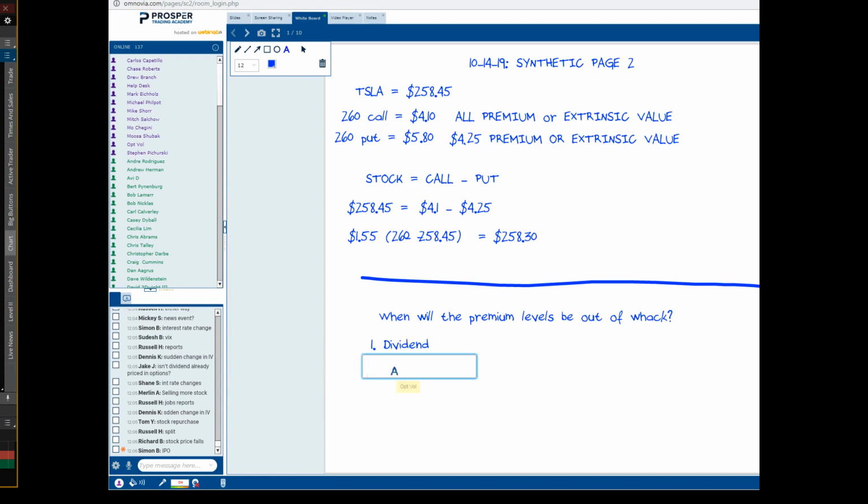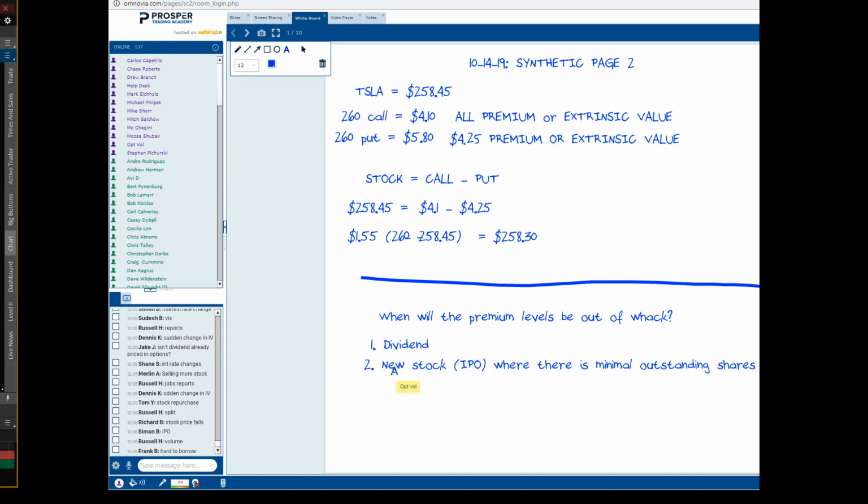There's not a lot of float. So you cannot short the stock. You cannot borrow the stock. Hard to borrow. There you go, Frank.